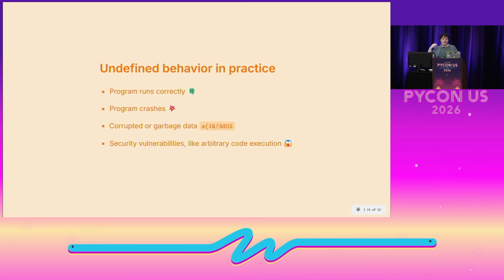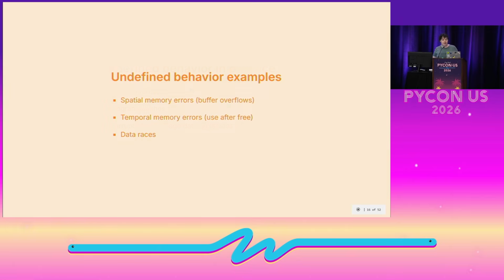And so there are a lot of downsides to undefined behavior. Spatial memory errors, buffer overflows, there's temporal memory errors. This is a use after free, where you free a piece of memory and then something else tries to use it, and that's a crash. And data races, as we saw.